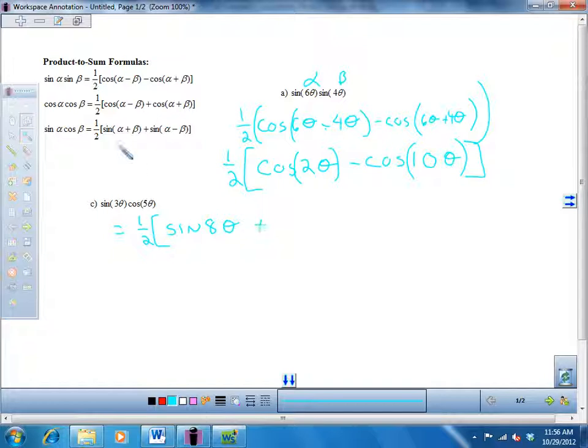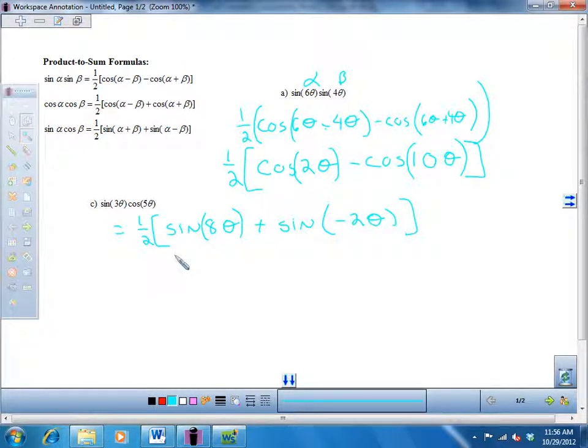Plus sine of 3 theta minus 5 theta, which is negative 2 theta. And the part that's a little bit more complicated here is that sine of negative 2 theta can be written as negative sine of positive 2 theta, because sine is an odd function, okay?